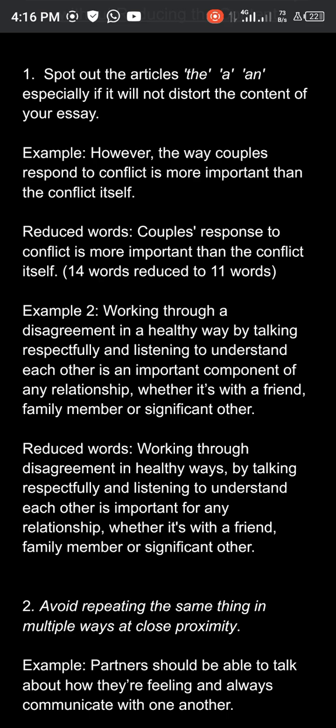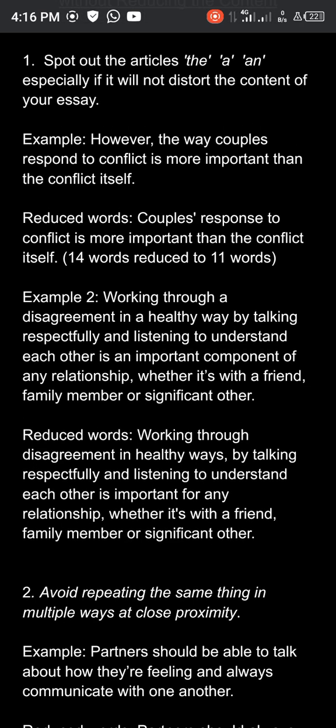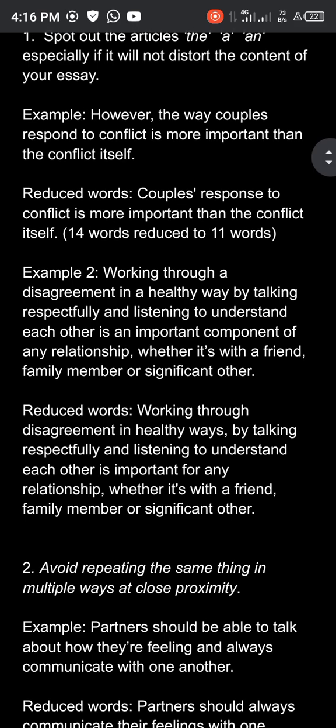It was formerly 14 words, it has reduced to 11 words. Yet the message is still conveyed. The message is the way couples handle conflict is very important, more important than the conflict itself. Every message is still intact, yet the words have been reduced.